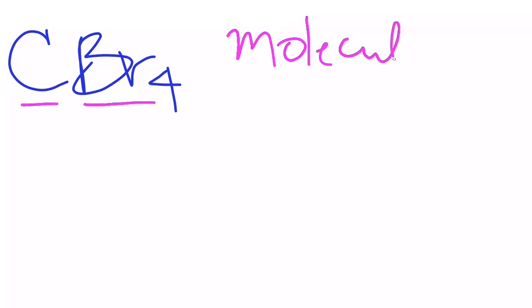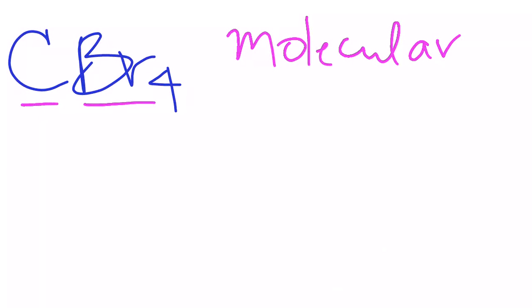Okay, so this next one we have something that has a carbon in it and something that has bromine in it. Carbon is a nonmetal. Bromine is a nonmetal. Therefore, this type of compound is going to be a molecular compound.